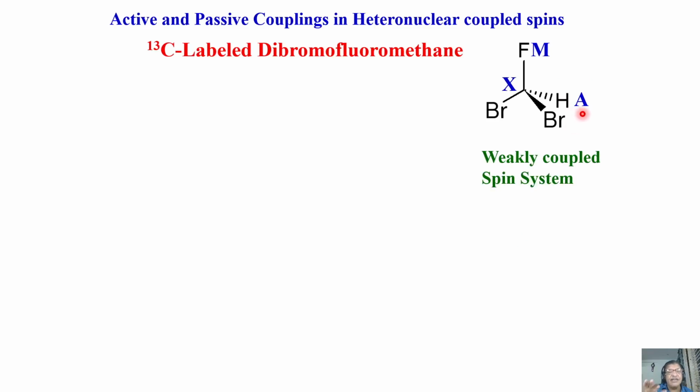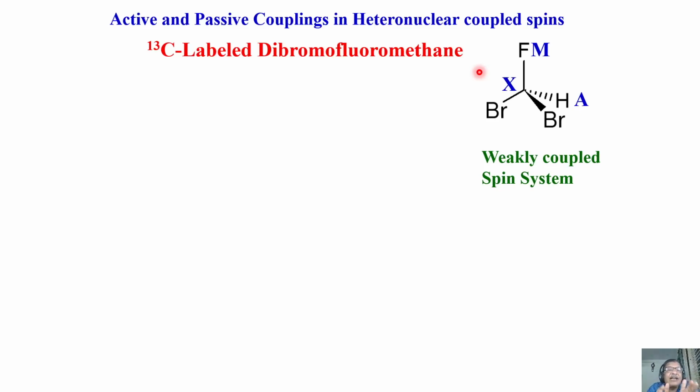Now, remember, when they are heteronuclear spin systems, they are weakly coupled because the chemical shift separation is quite large. This is in megahertz. This is, let's say, 500 megahertz. This is 470 megahertz. This is 125 megahertz. If you consider the Zeeman interaction, they are separated by several megahertz.